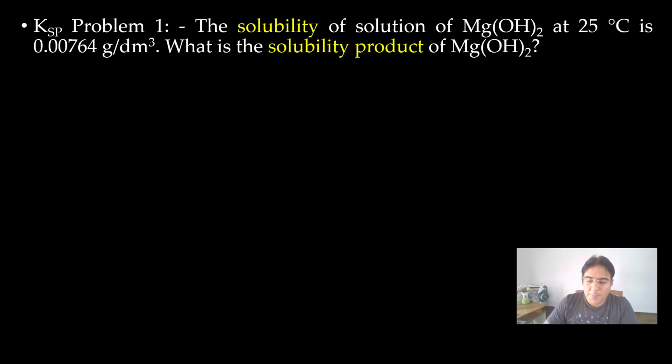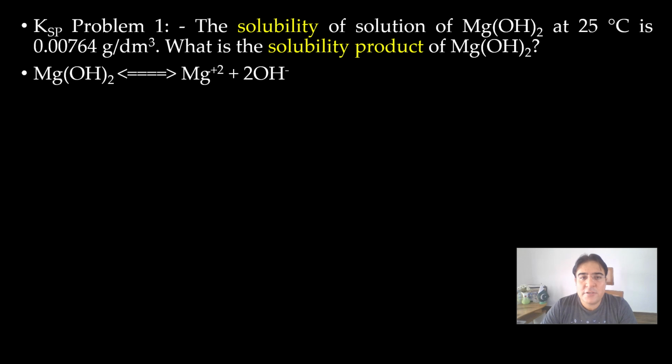Now this example which I'm going to solve for you here is from your textbook, question number 17b. So I hope you will see that one. Again, in the yellow, solubility is given and solubility product is asked, which means Ksp is asked.